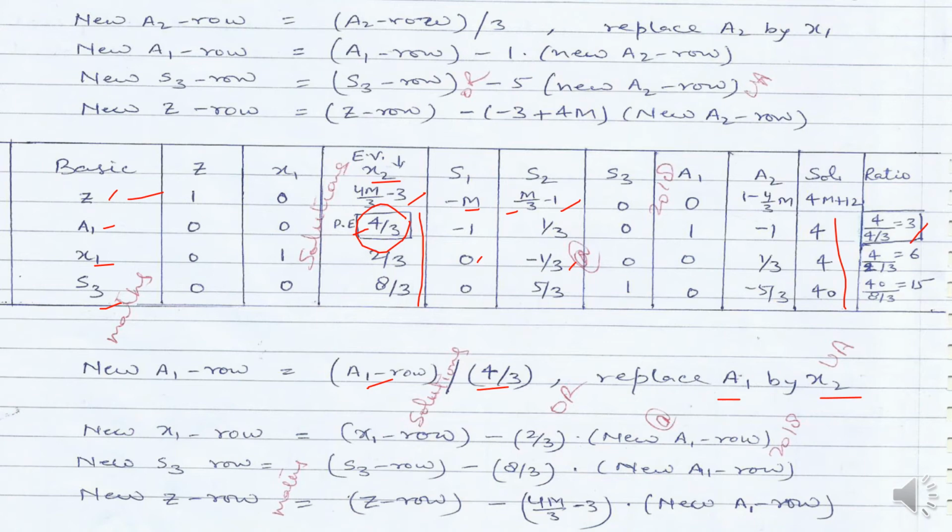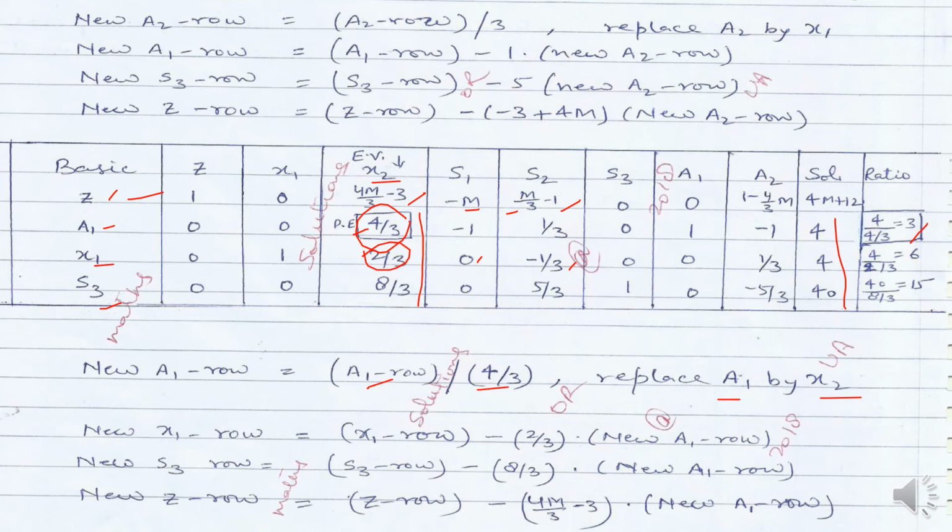The x1 row, which is this row right now here, minus 2 by 3, which is this element here, into new a1 row. The new a1 row here becomes 1. So when we do these calculations, we see that in the pivot column the pivot element will be 1, and the rest of the elements in this pivot column will be 0.